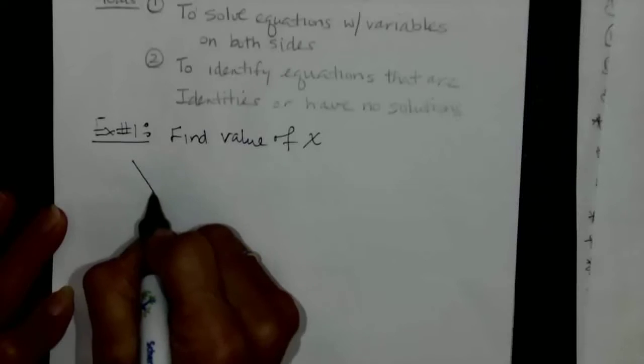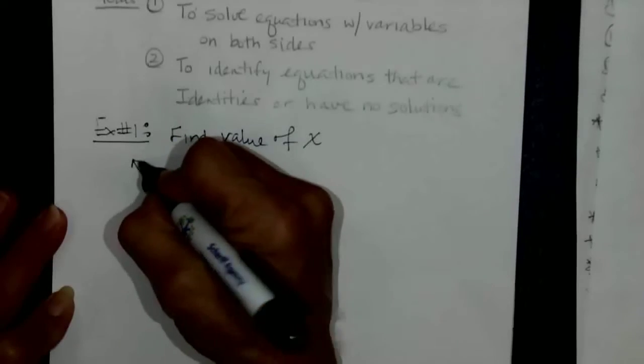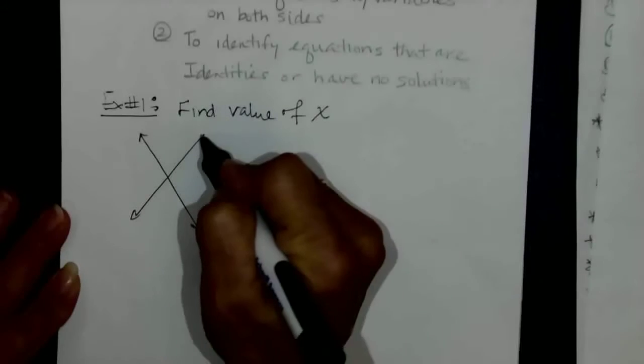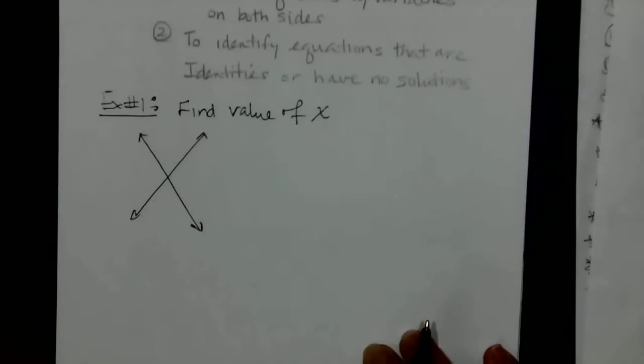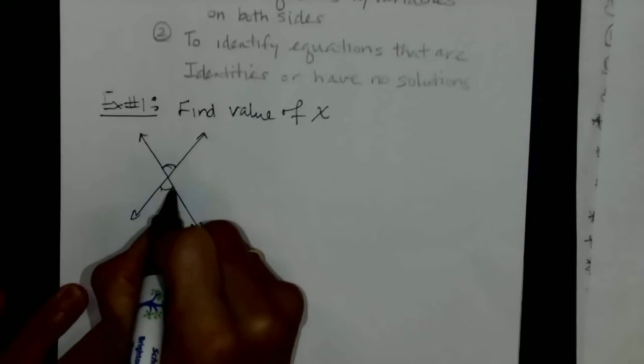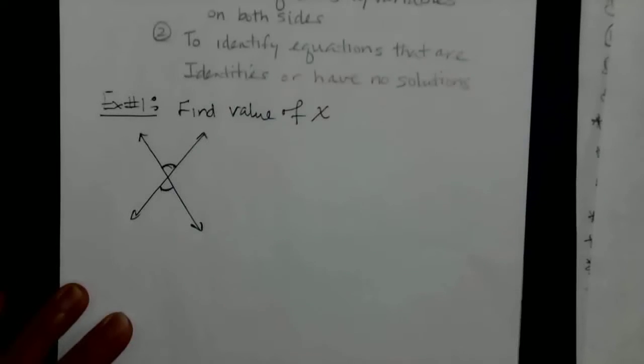In geometry, you have 2 lines that intersect like this to create angles. These angles are called vertical angles. Do we need to write this? You need to draw this.